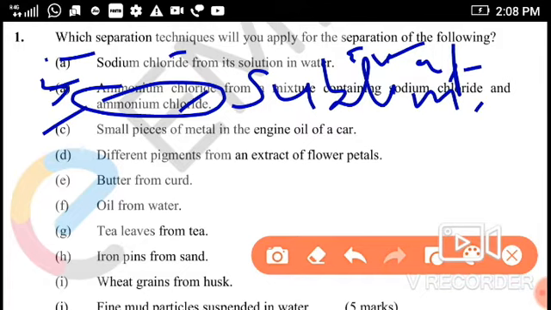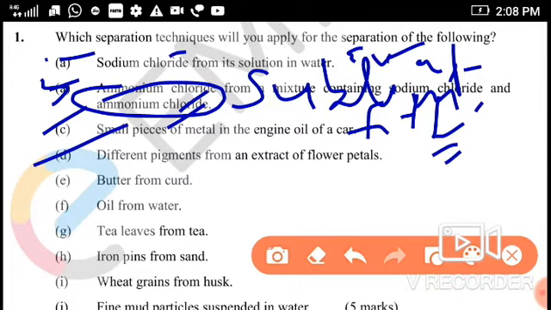Small pieces of metal in the engine oil of a car, we can use filtration. By filtration we can separate the small pieces of metal from engine oil. Different pigments from an extract of flower petals, we should use chromatography.